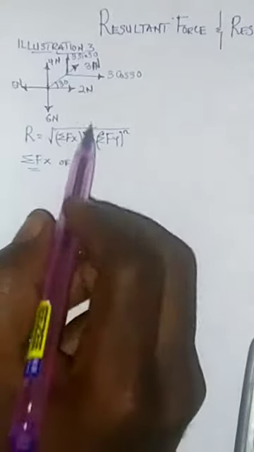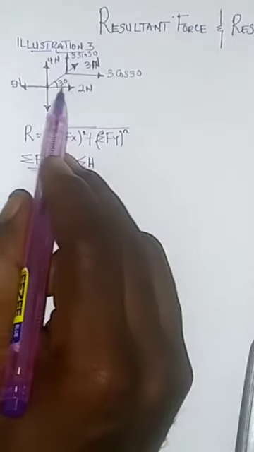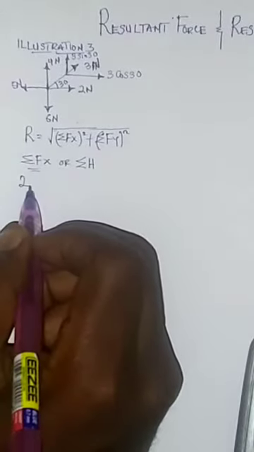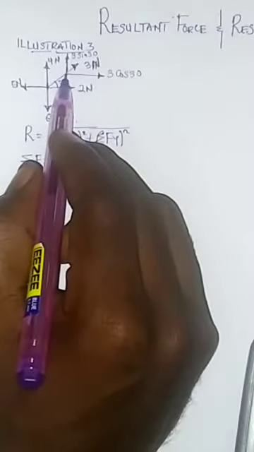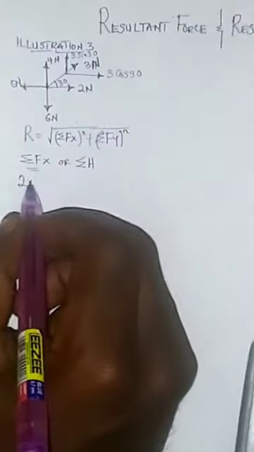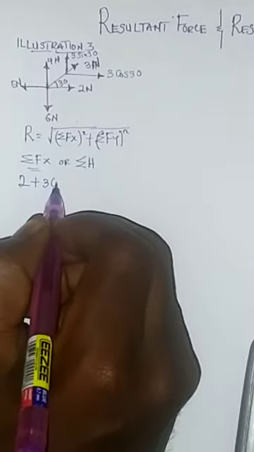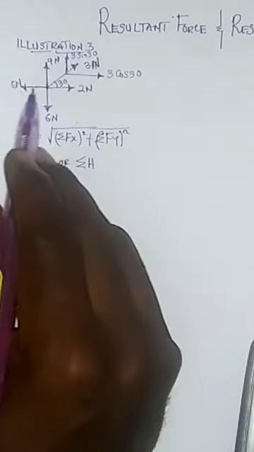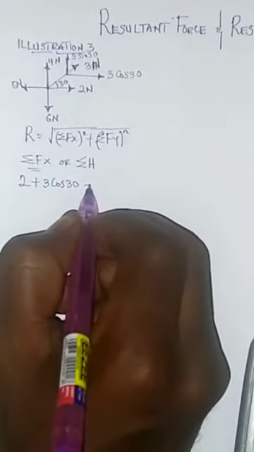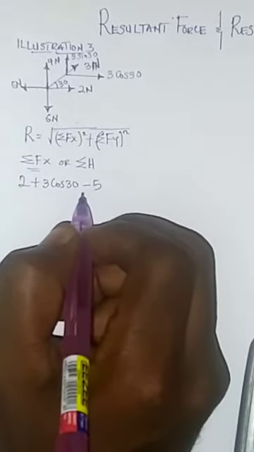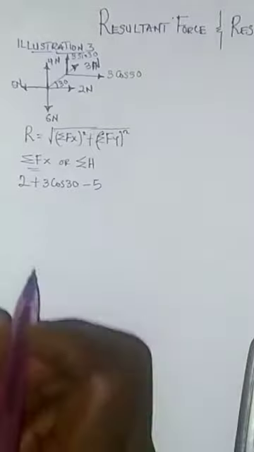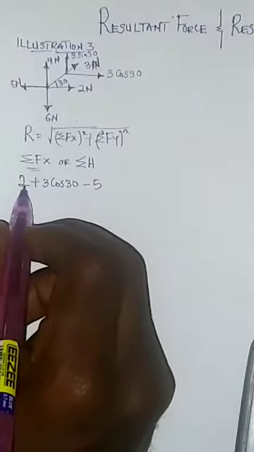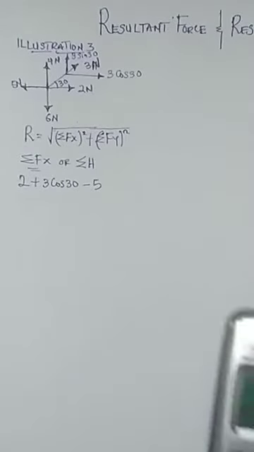It means all the horizontal components. 2 Newton is horizontal, facing right, so positive, that is 2. Another new force that has been introduced is facing right too, that is plus 3 cos 30. Then another force facing backward is negative, minus 5. Is that okay?